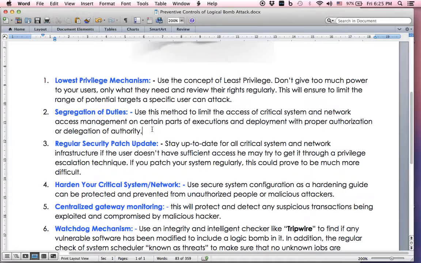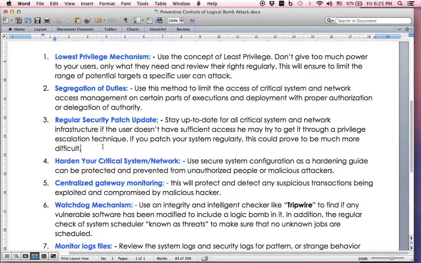So segregation of duties can address which unit or which function can perform what. The auditor or risk assessor needs to review the audit log, whether the functions are in place based on the mechanism we discussed.